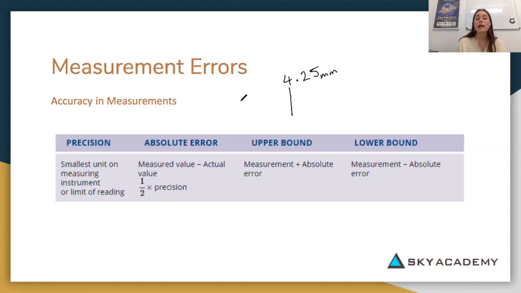So we give it a leeway or a range, either side of the actual measurement. And so if we say our measurement to be 4.25 millimeters, we'd give it an upper bound number and a lower bound number. And in between the lower bound and upper bound will be a range that we say is accurate.